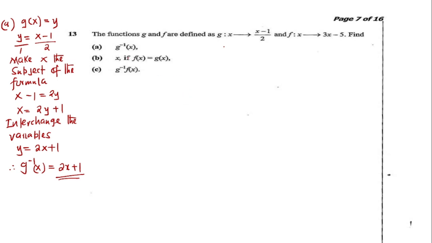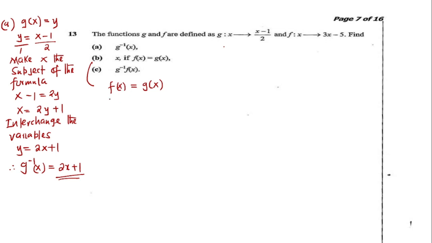Okay, we continue. We now look at B. For B, we are told to find the value of x if f of x is equal to g of x. So how do we solve that? f of x being equal to g of x.